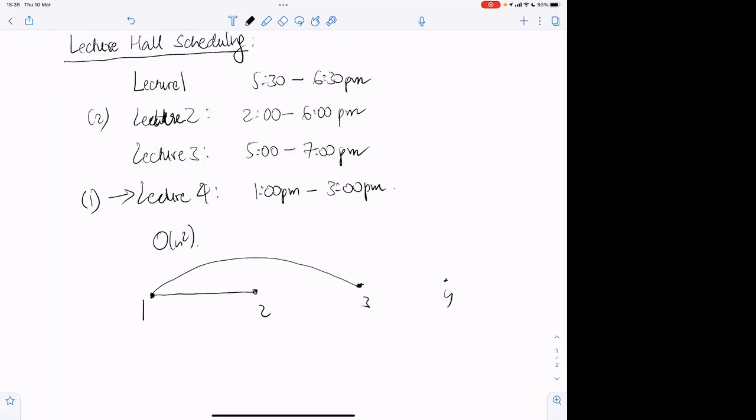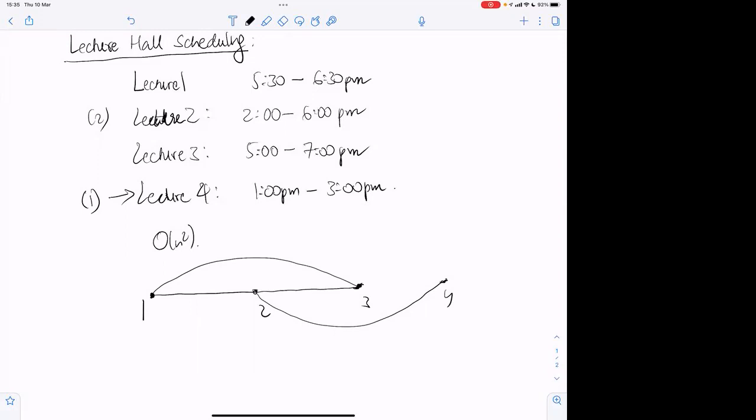Similarly, lecture 2 to lecture 3, is there an edge? Yes, there is an edge. Lecture 2 to lecture 4, is there an edge? Yes, there is an edge. Then lecture 3 to lecture 4, is there an edge? No, there is no edge.